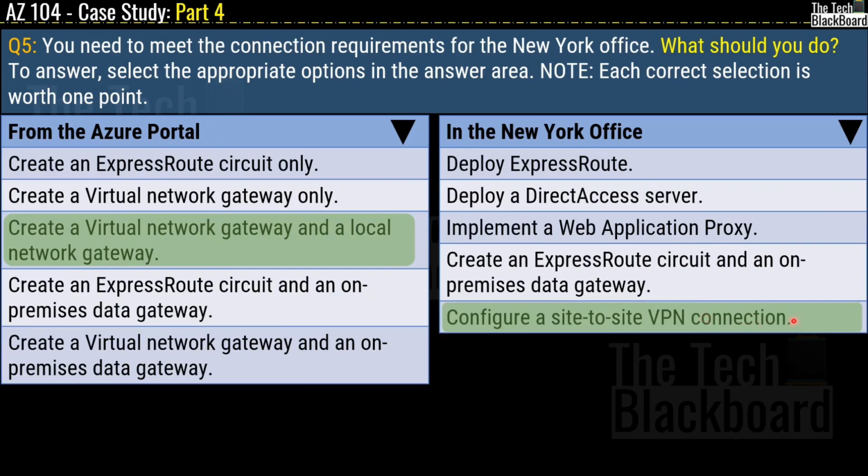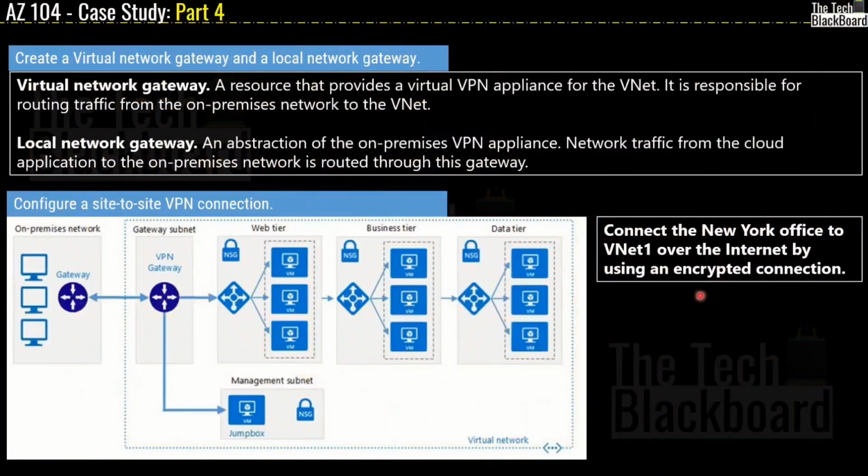Now let me give you the justification for the answer we have chosen. So here it comes, the justification for the first part of the question, where we chose create a virtual network gateway and a local network gateway. So friends, virtual network gateway is a resource that provides a virtual VPN appliance for the VNet.